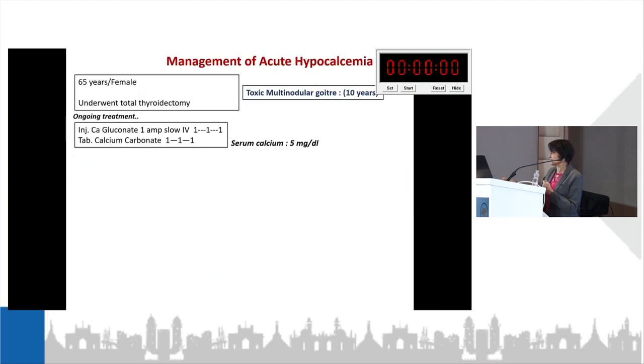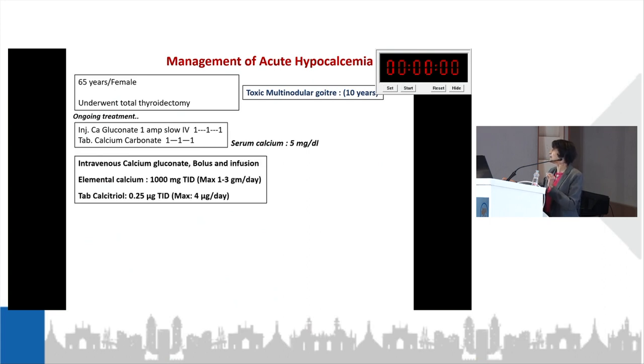Management principles in acute hypocalcemia are governed towards relieving patients from the acute symptom complex, and they would necessitate calcium infusion rather than a bolus-based regimen. Also, they will require simultaneous introduction of a high dose of elemental calcium and active vitamin D as well.